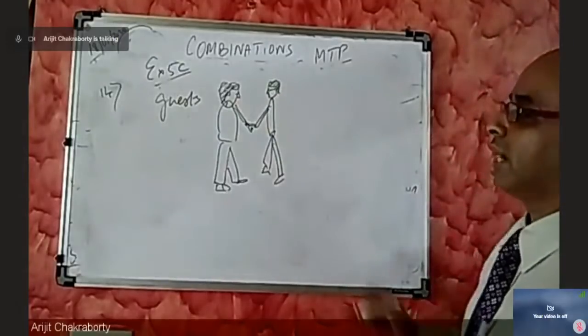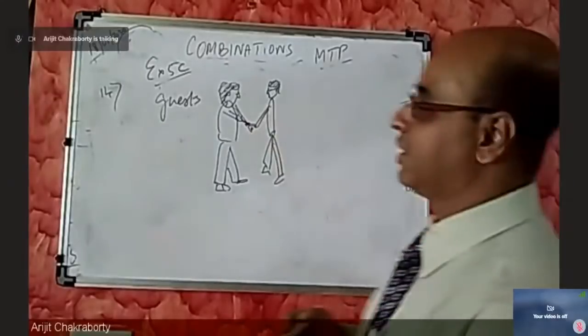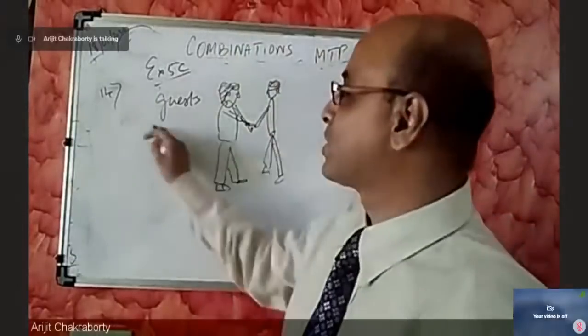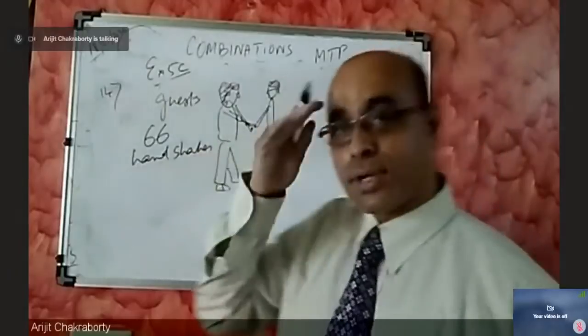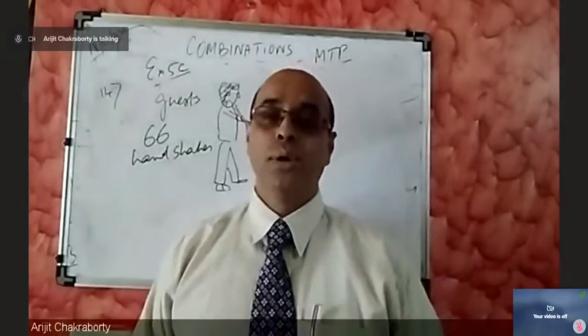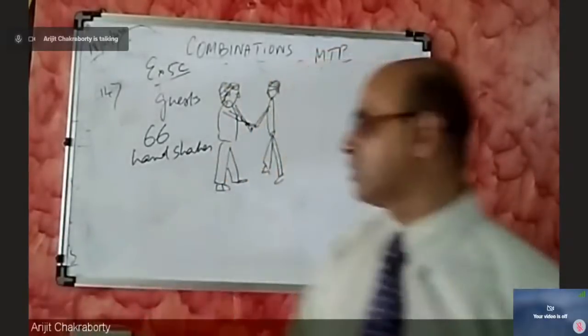Great gesture. But then the question is, first of all, this is not possible now. But how many guests? There are 66 handshakes. Beautiful question. Hats off to our Board of Studies experts who prepared the study material and these questions. Lovely questions.